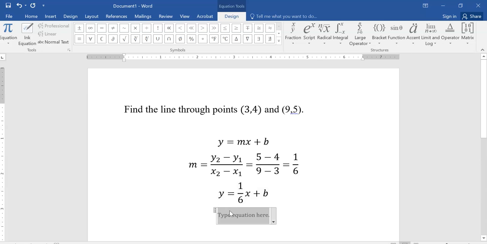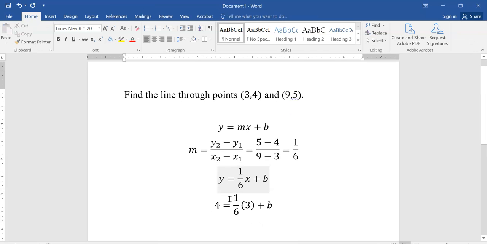I'm going to use the point (3, 4). Now be careful, again, it's always x comma y, so as you plug this in, the 4 is going to be plugged into the place with the y, and when you plug in the 3 for your x, I always put parentheses around that, and that's a solvable equation for b.